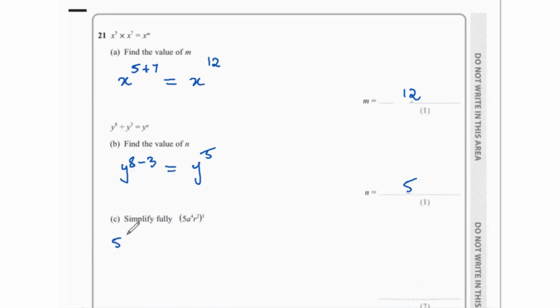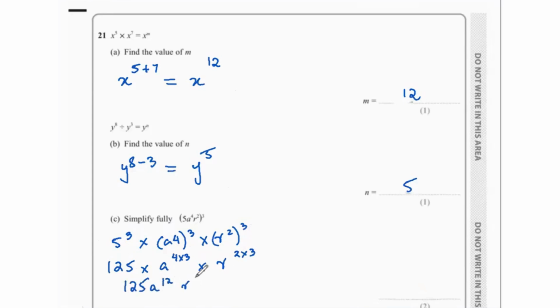So it's going to be 5 cubed times a to the power 4 whole cubed times r squared whole cubed. 5 cubed is 125. A would be 4 times 3 in the power because we're multiplying them, and r would be 2 times 3 in the power. So that's 125 a to the power of 12 r to the power of 6. That is your fully simplified answer.